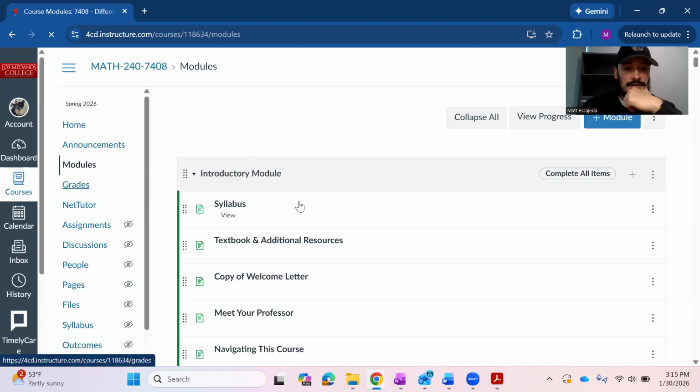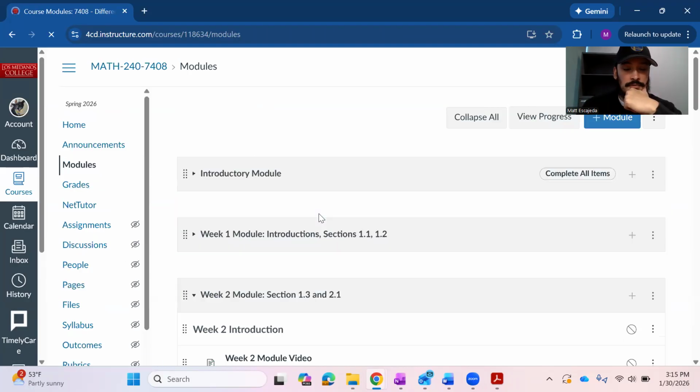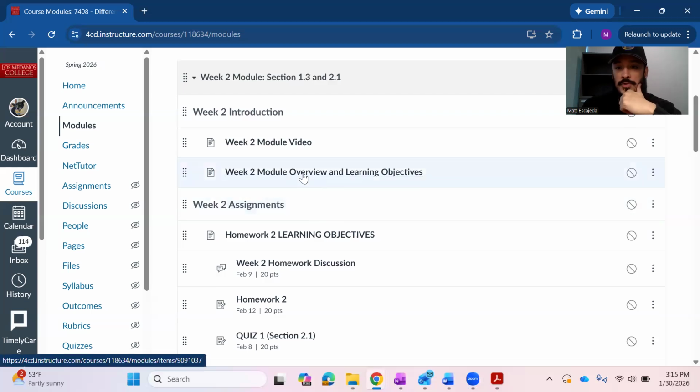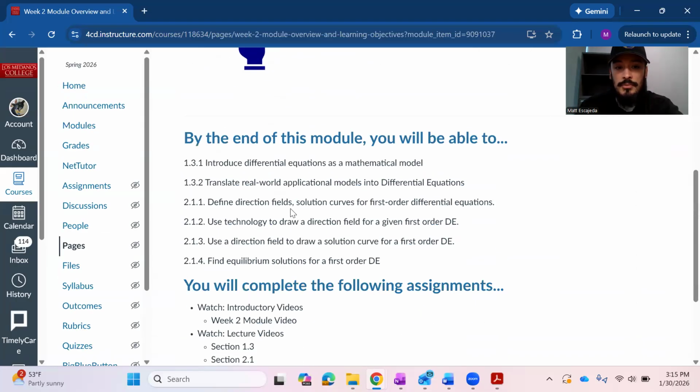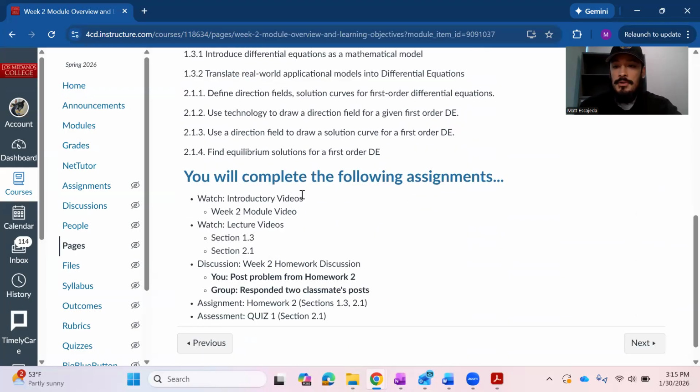After that, we have this module overview and learning objectives page. Here are all the learning objectives we're going to learn from section 1.3 and section 2.1. And then here's a couple of the following assignments or resources you would like to use.